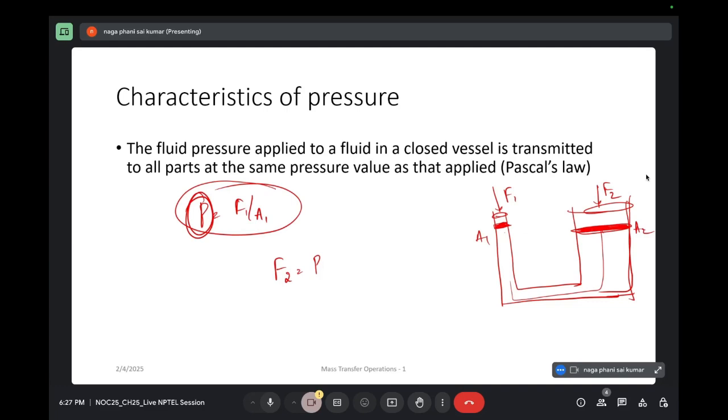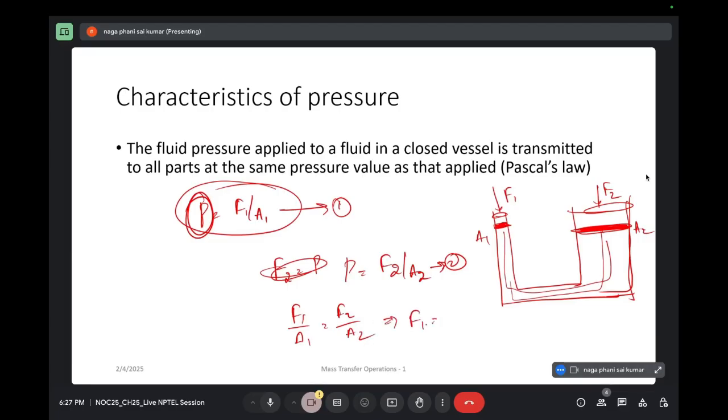If you equate 1 and 2, because the same pressure is acting on both the pistons, the pressure has to be the same, because this is a continuous fluid. Now F1 by A1 will be equal to F2 by A2. So this gives us F2 is equal to F1 into A2 by A1.